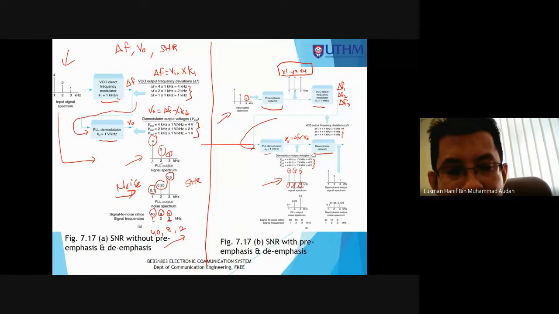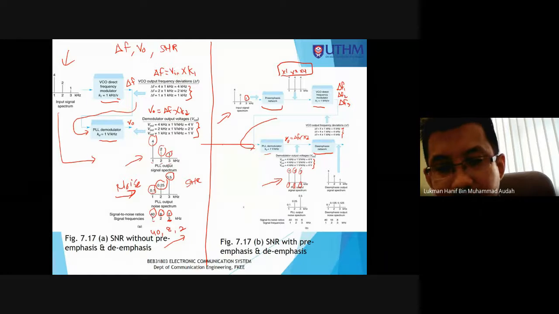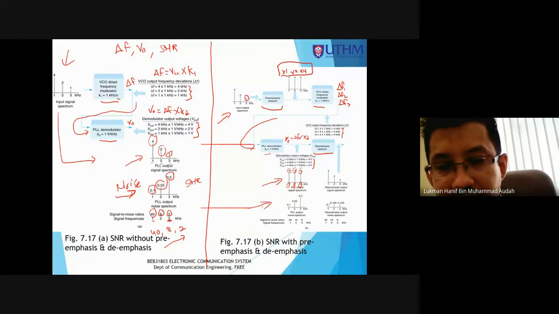And remember that in the second question, we are given the noise level. Noise levelnya sama. Dalam kes ini 0.1 daripada soalan 2, 0.1 volt pada 1K, 0.25 pada 2K, 0.5 volt pada 3 kHz. This is the noise.